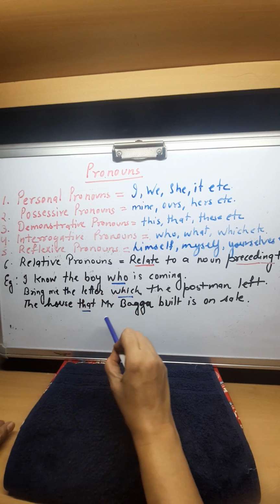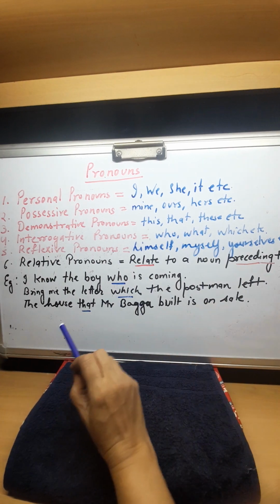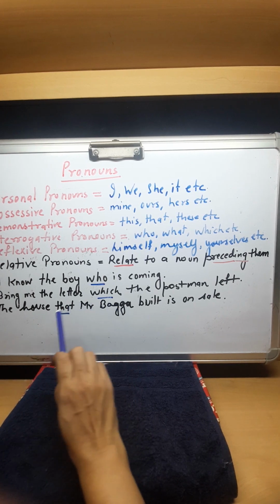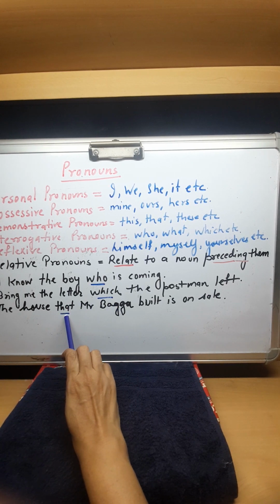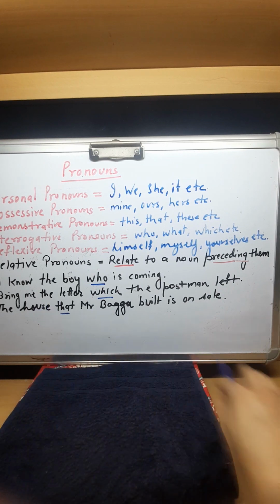The house that Mr. Bagga built is on sale. So that is the relative pronoun. And to which noun is it related? The noun that is preceding it. And which is that noun? The house coming before it.